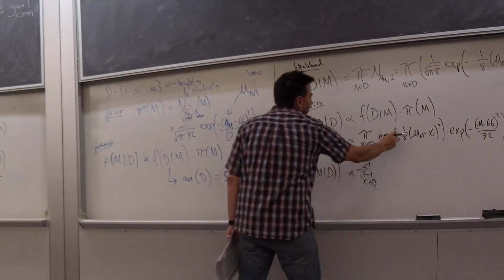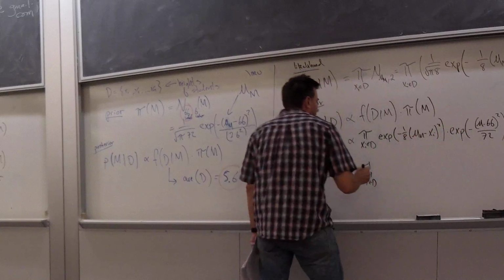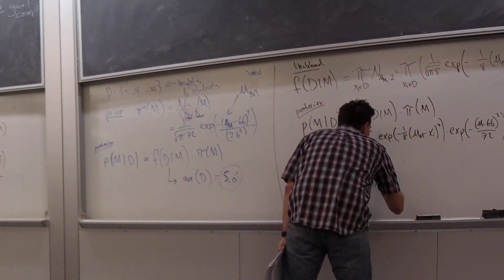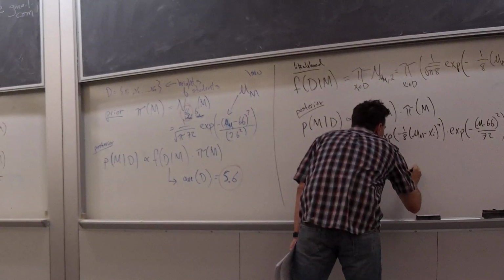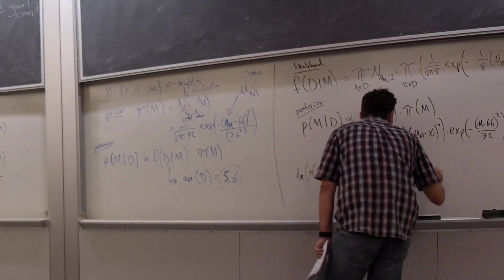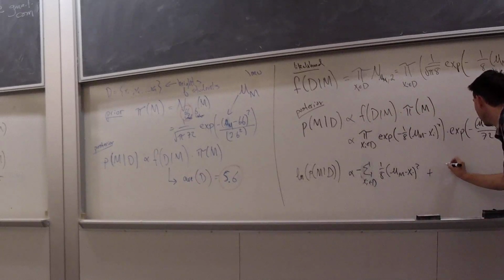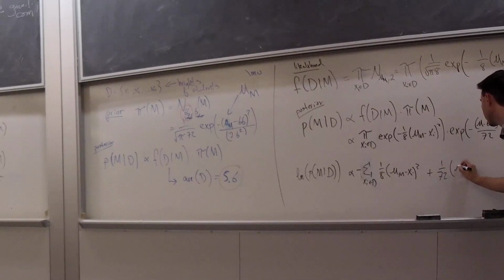There's a minus sign in front, I'm pulling it out from all of these terms, and this is going to be plus, all right, because I took the log of the exponents, right?